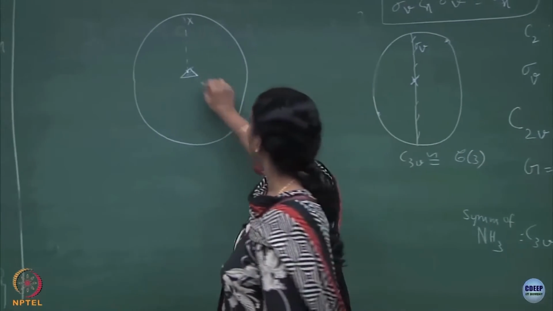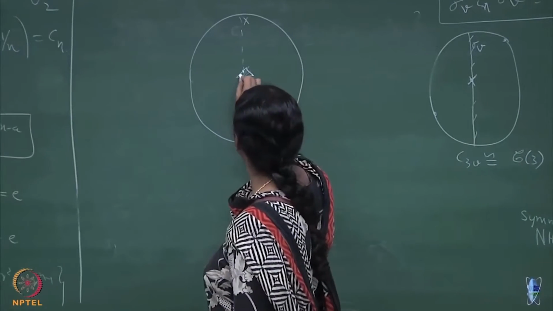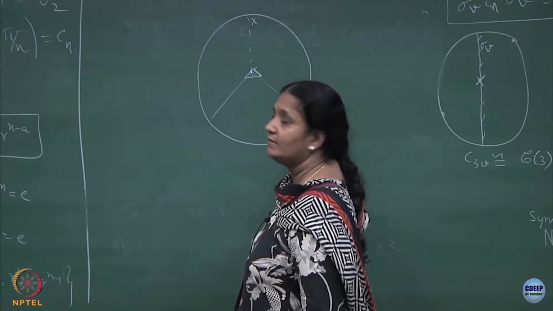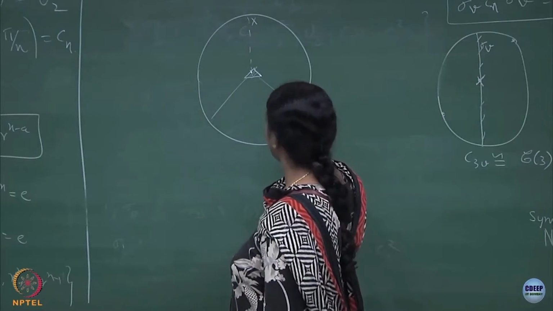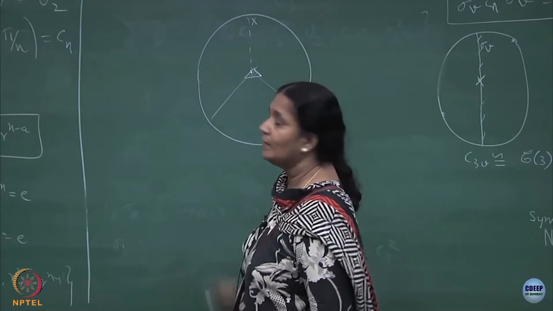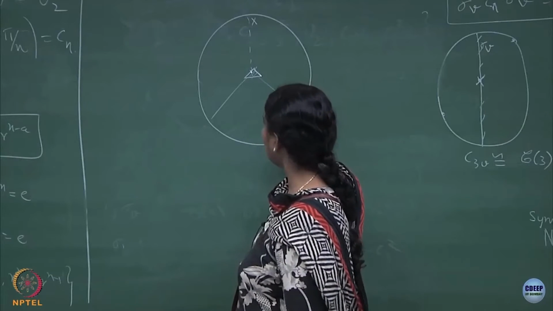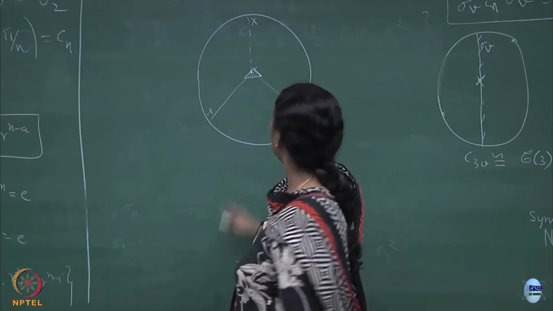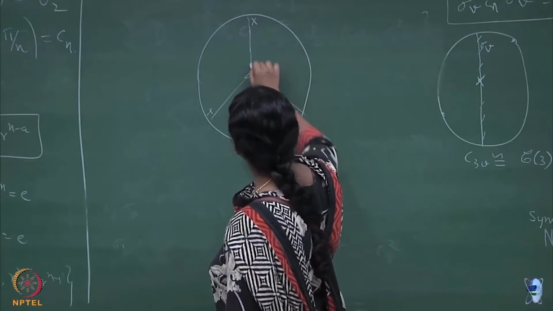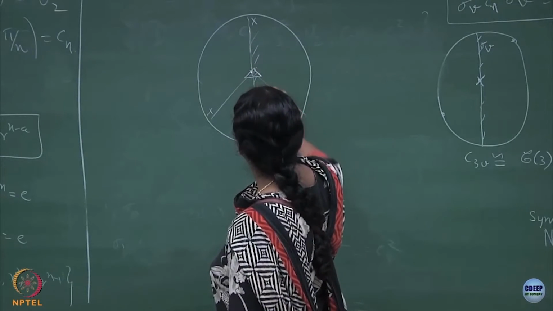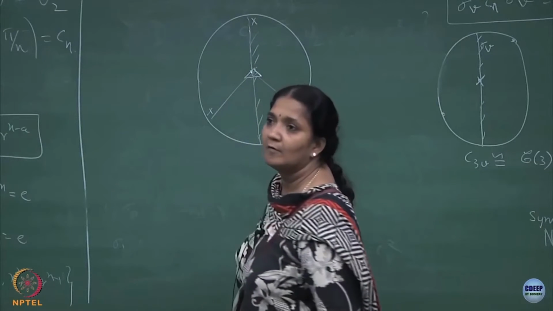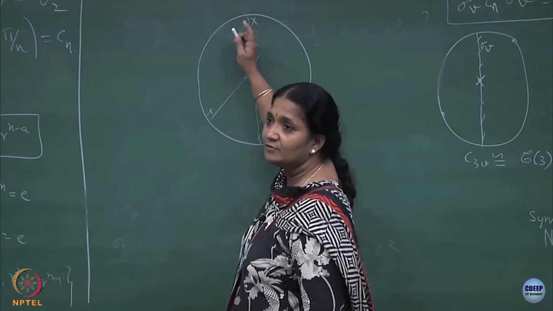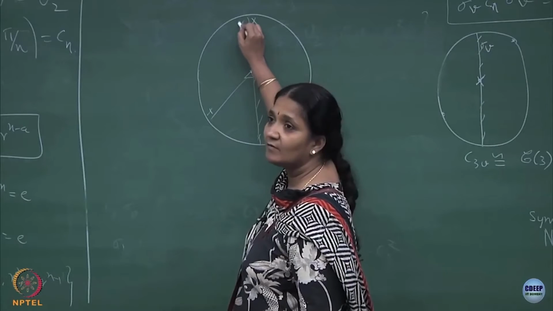Okay. If you do a 120 degree rotation, this one has to go here. Okay. If you do a 120 degree rotation of this, then this one has to go here. Okay. And if I put a mirror plane on this, this object when I put a mirror should give me another one which is here on the same plane.